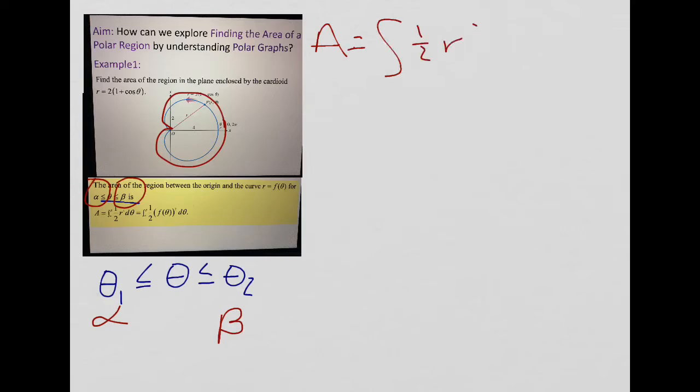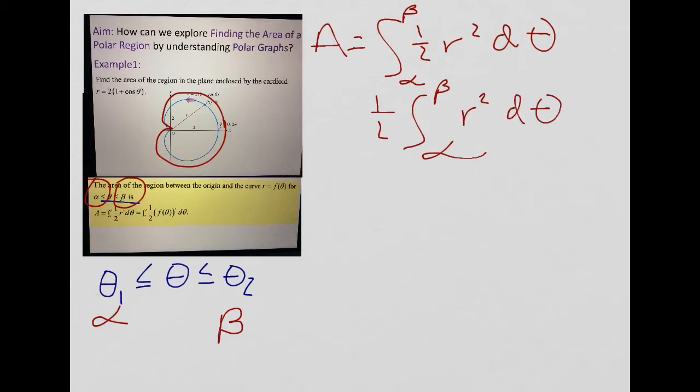Of course, you can take out the 1/2 in front, so you can be using just this. It's also described that r is f of theta, so you can see that over here. Instead of r squared, they wrote f of theta squared, but it's the same thing either way that you see it written.